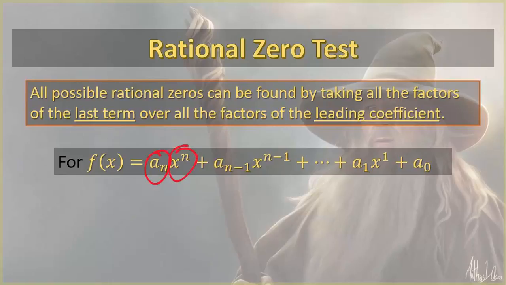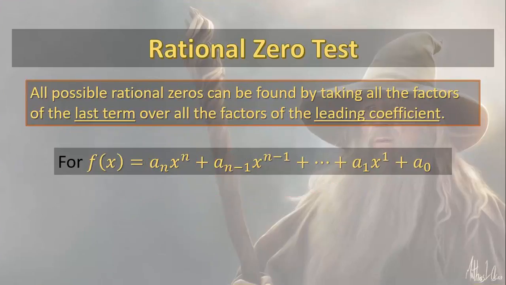So for all you know, it could be 10x to the 6th plus, and if this is our first term, a sub n, our next term is a sub n minus 1. All it is is a number. So this is a formal way of saying any polynomial that you come up with.